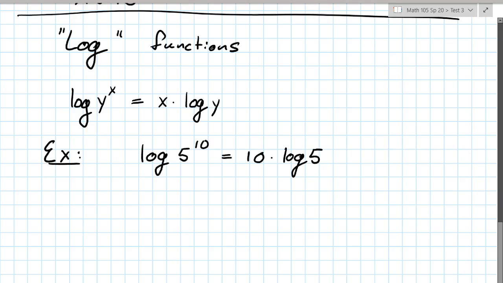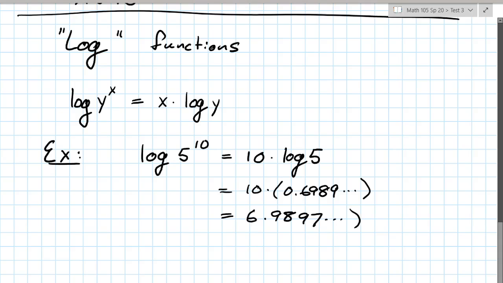So if I look for that on my calculator, pressing log 5 and enter gives me the number 0.69897 and so on. And then I can multiply by 10 and I'm left with 6.9897 and so on.